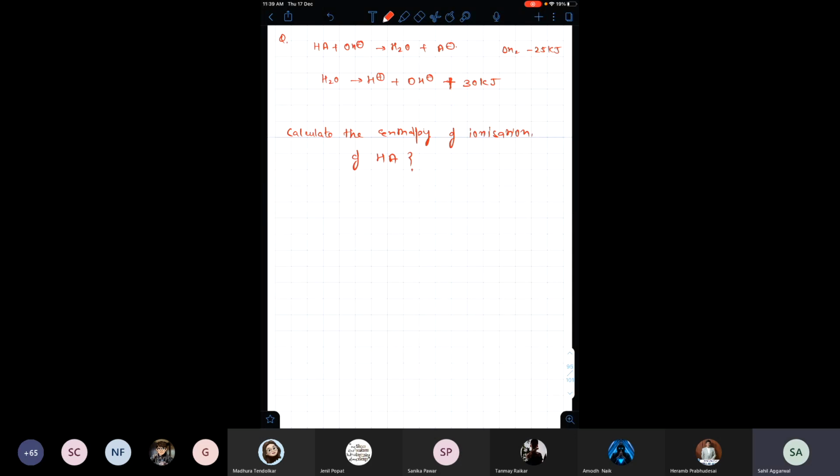Okay, that was ionization enthalpy of an atom. Here we are talking about the ionization of a compound. Ionization means breaking. You want to break that Ha.